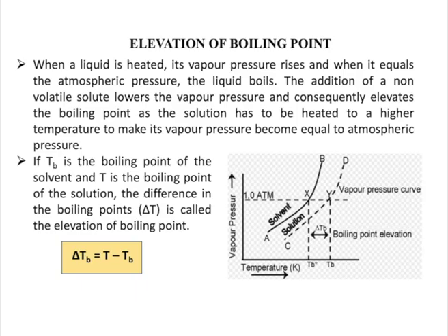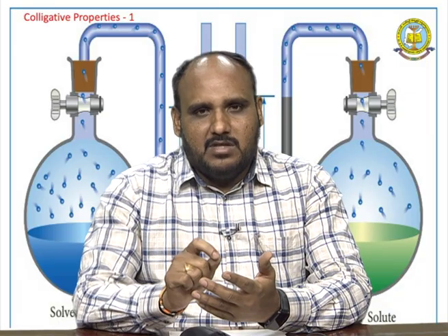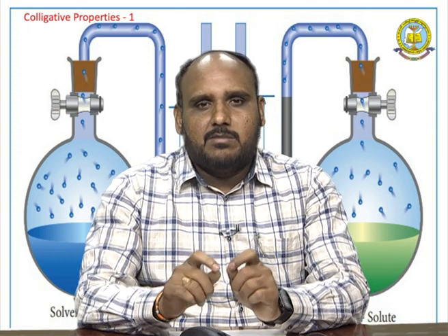At what temperature does the liquid become converted into vapors? That is when the vapor pressure of the liquid is equal to the atmospheric pressure. The atmosphere consists of many gases, and the pressure exerted by those gases is known as atmospheric pressure. Then our liquid also becomes vaporized, meaning its molecules enter the environment. The temperature at which the vapor pressure of the liquid is equal to the atmospheric pressure is known as the boiling point of that particular liquid.